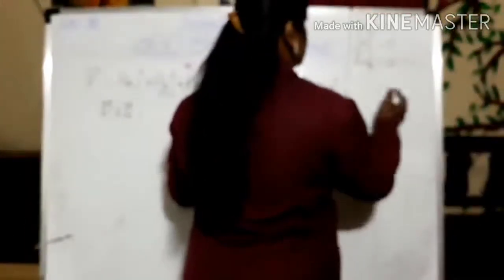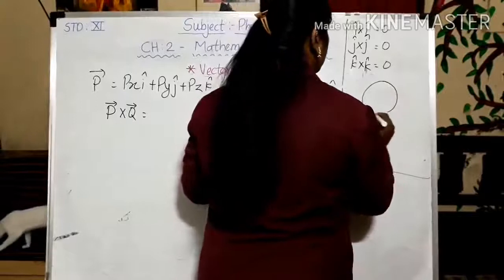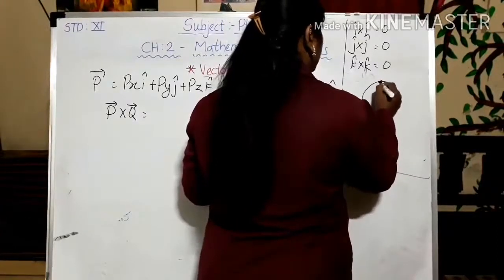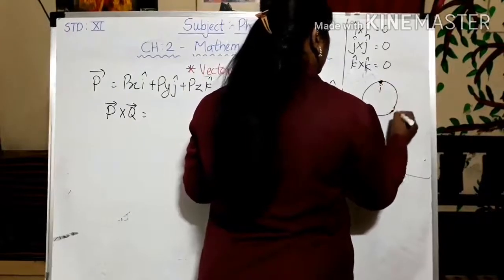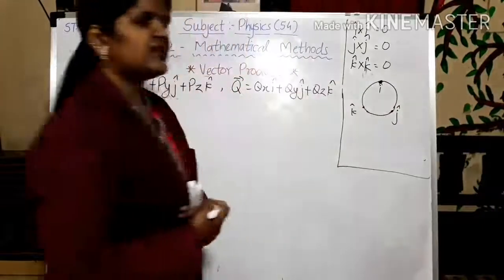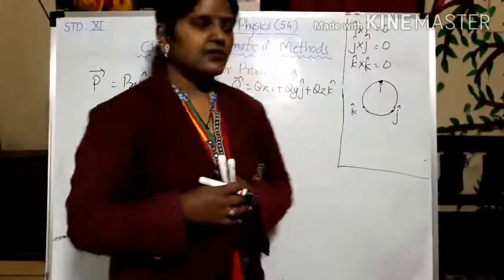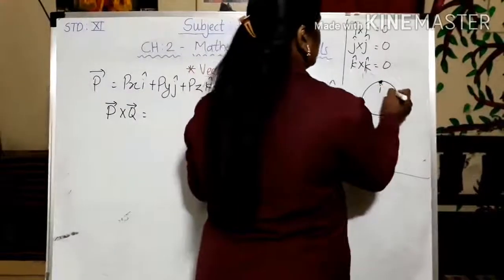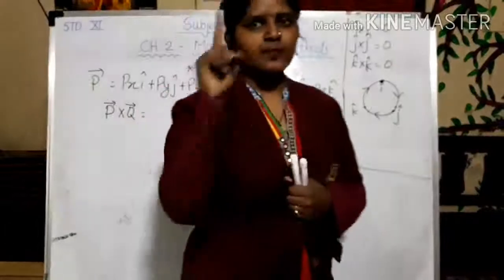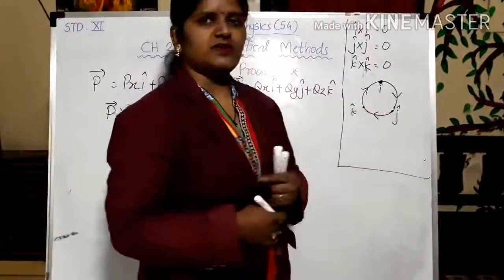What I have done is, I am going to write here i, here j and here k. So these three are situated at three points on the circle, and the circle is moving in a clockwise sense, as the clock is moving. So the motion is clockwise.